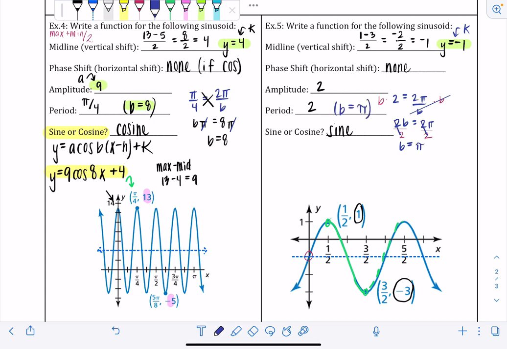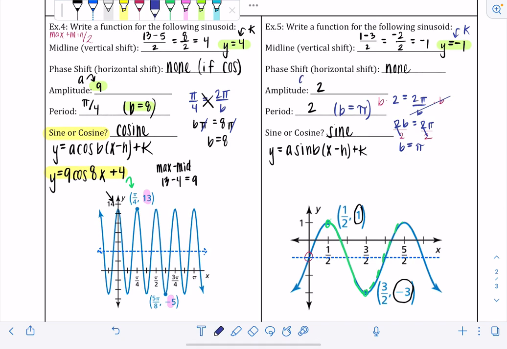And then that's all the different information we need. So I'll rewrite the formula down here that has all the different spots of the variables. y equals a, and then sine b of x minus h, plus k. So we have k, that was the midline. We have the amplitude, that's a. We have b from our period, that's right here.